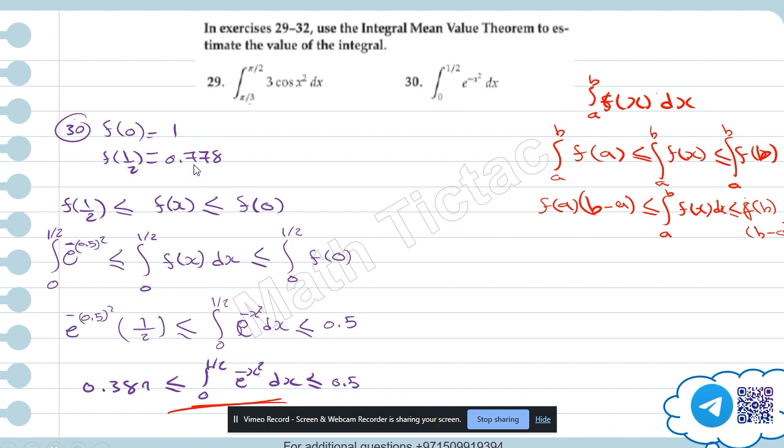Sometimes the first value will be the lowest, and sometimes it will be the highest. That depends on the type of the function or the part of the function that you are graphing, if it's increasing or decreasing. So just find them. The lowest I'll put it over here, and the highest I'll put it over here. Then find the integration for all the parts. Then that's it. You have your answer.